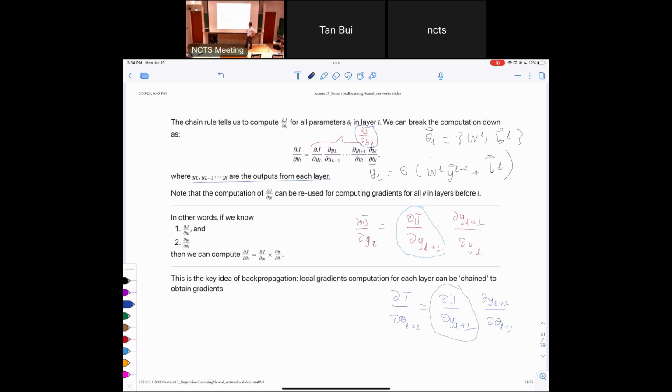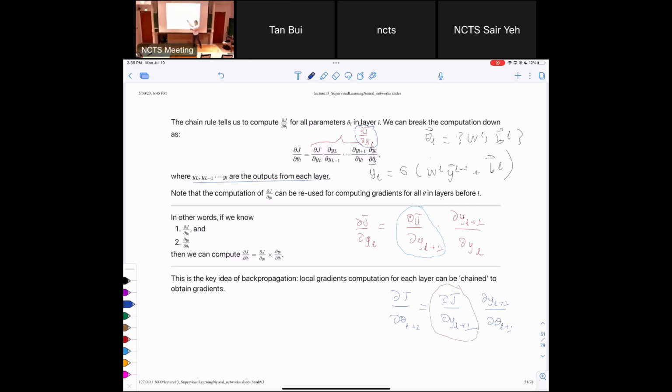You see the beauty, this is where backpropagation is. When I calculate the derivative with respect to YL of the later layer, I keep it in memory because I need it for the upstream.